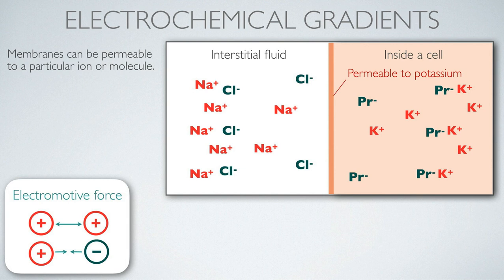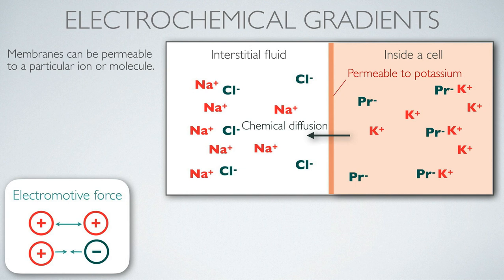So potassium is free to move down its chemical concentration gradient, which favors the potassium leaving the cell. On the other hand, we can see that there are those positive sodium charges, and here we have more sodium than we do chloride. So there's a net positive charge of sodium on the outside of the cell.